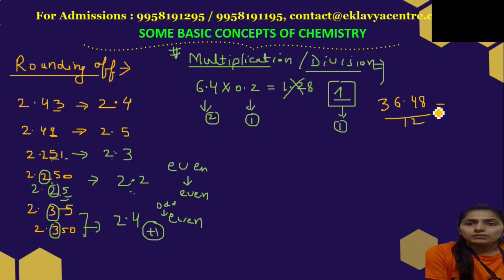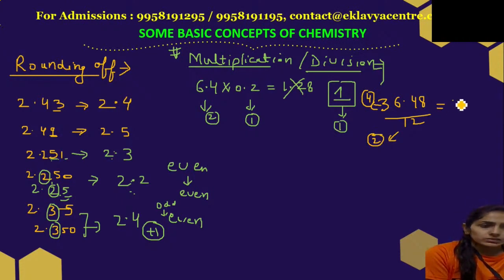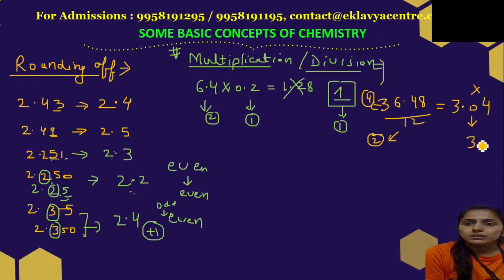So here we have four significant digits and here we have 2. The lesser number of significant digits is 2. So the answer should also have 2 significant digits. If you solve this, you will get 3.04, but this is incorrect. The correct answer will be 3.0 because in the answer we must have only 2 significant digits.